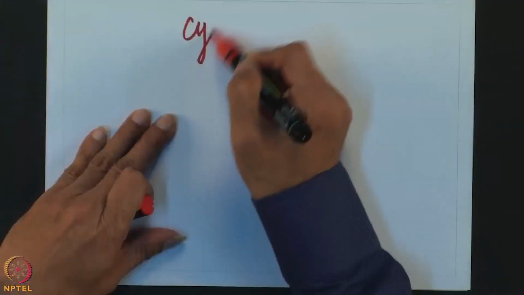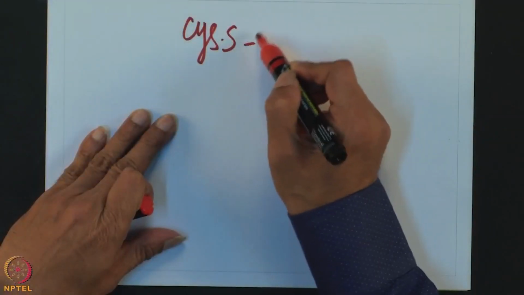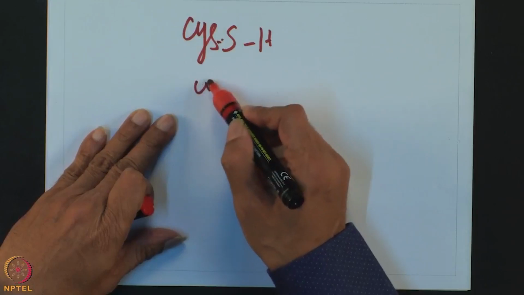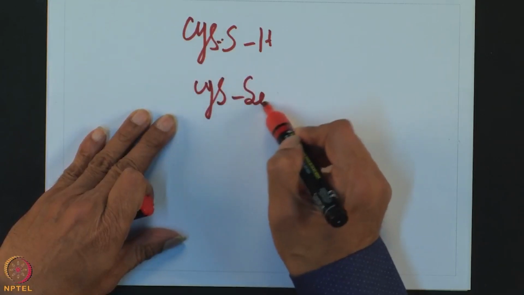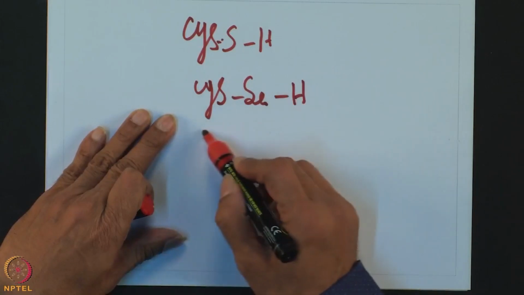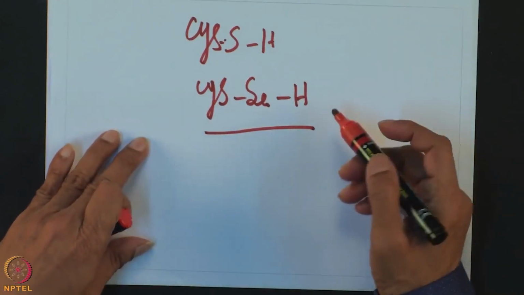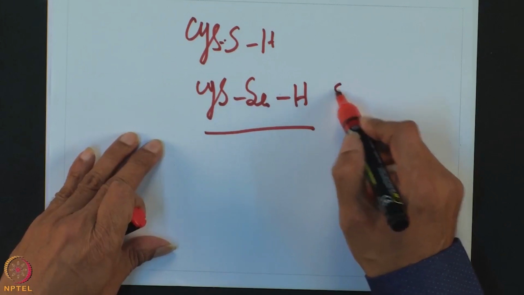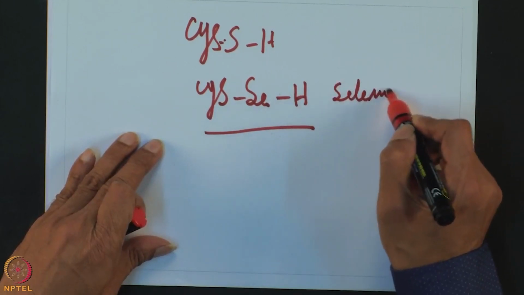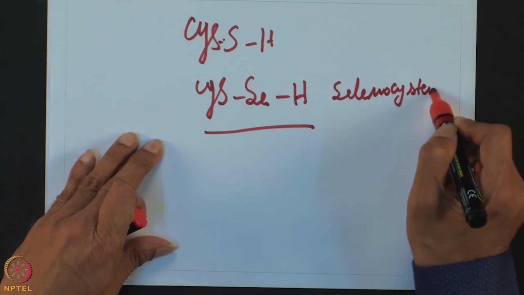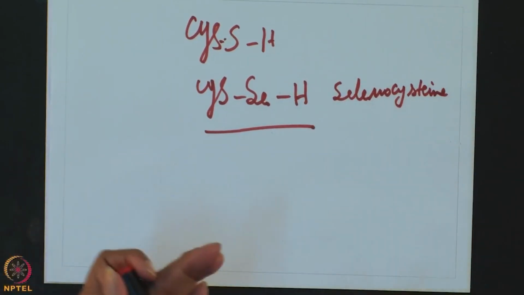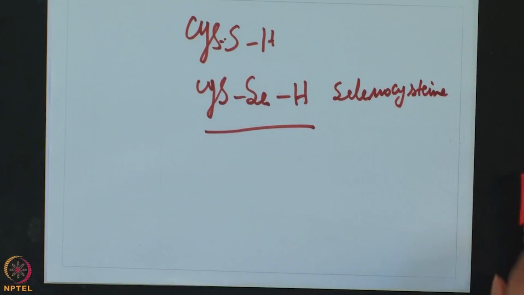Selenium is basically involved as a part of the amino acid, like for example the cysteine SH, where instead of sulfur you will have a selenium. So, the only way that you find selenium is this, which is referred to as selenocysteine. So, it is basically in the form of a selenocysteine. It is not like a metalloenzyme.